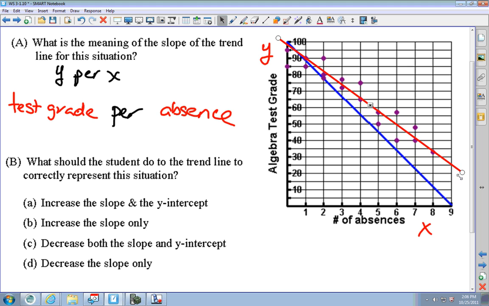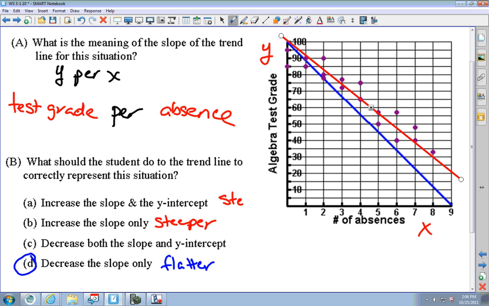Let's try this again. It was back here. Honestly, I would just be able to go here and I could decrease. I'm making it flatter. So I am decreasing my slope only. When you decrease the slope, you're making it flatter. When you're increasing the slope, you're making it steeper. In A, increase the slope.